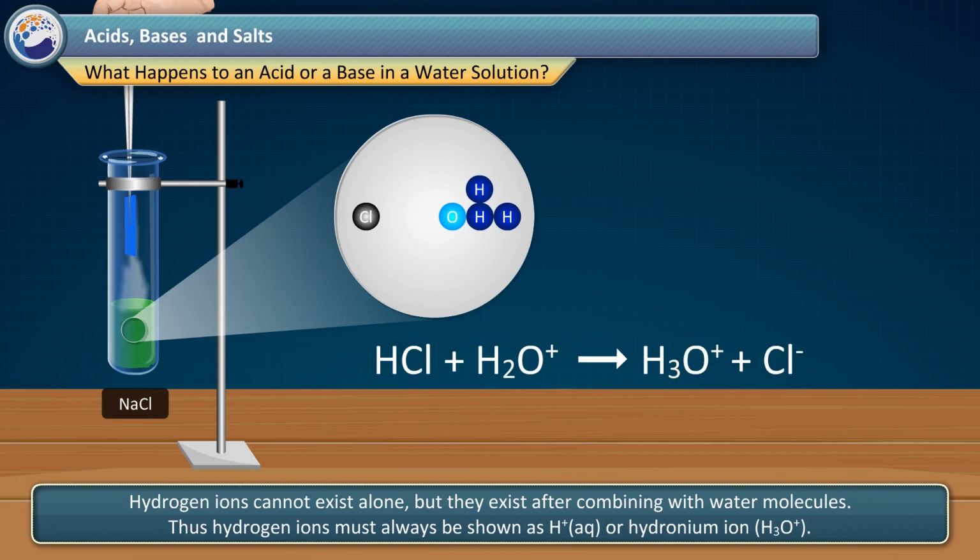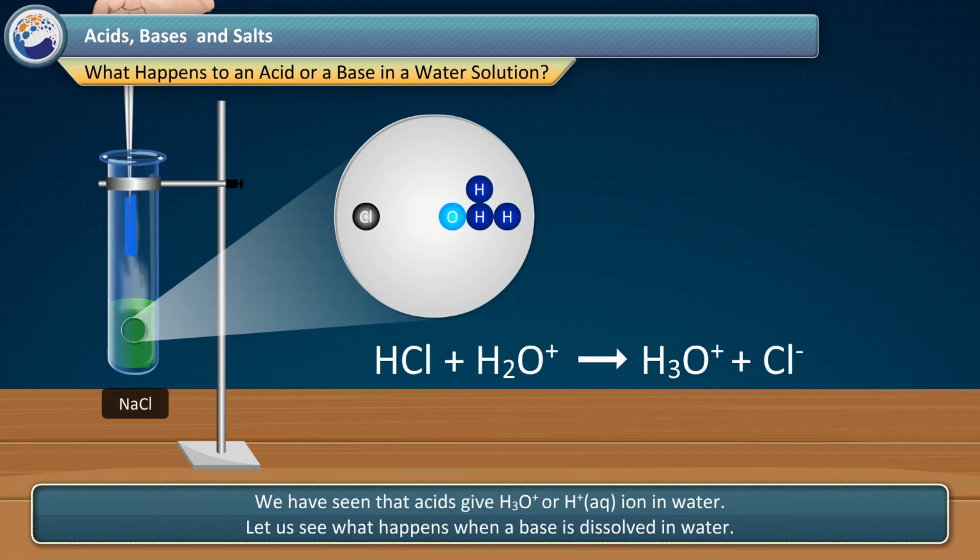Hydrogen ions cannot exist alone, but they exist after combining with water molecules. Thus hydrogen ions must always be shown as aqueous H+ or hydronium ion H3O+. We have seen that acids give H3O+ or aqueous H+ ion in water. Let us see what happens when a base is dissolved in water.